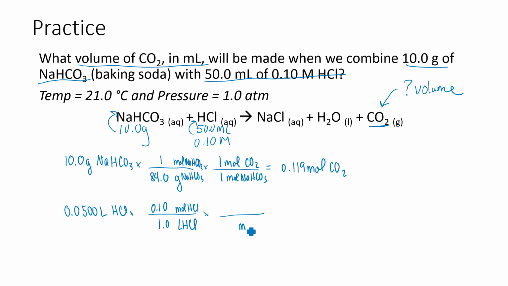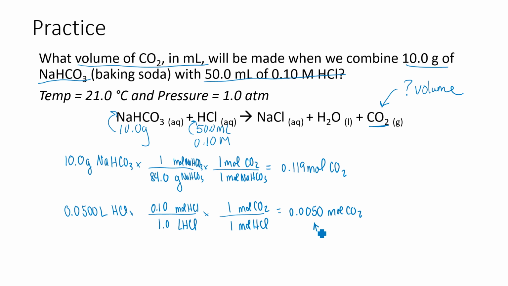Then I want to go from moles of HCl to moles of CO2. For every 1 HCl, I'm making 1 CO2. So it's just 0.05 times 0.1. I have enough HCl to make 0.005 moles of CO2.